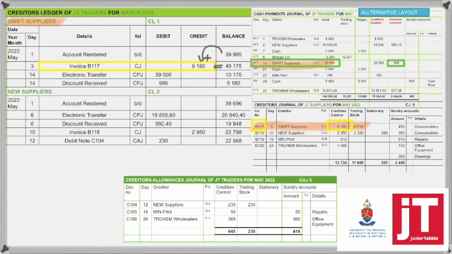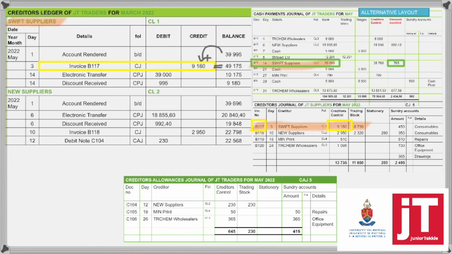So this is now where things get interesting. You have to post the invoices and then you have to post, first of all, the invoice will increase. Sorry, let me just do the posting from the creditors journal. So the creditors journal increases or pluses the creditors ledger account. So you take the 39,995, adding the 9,180, equaling 49,175.